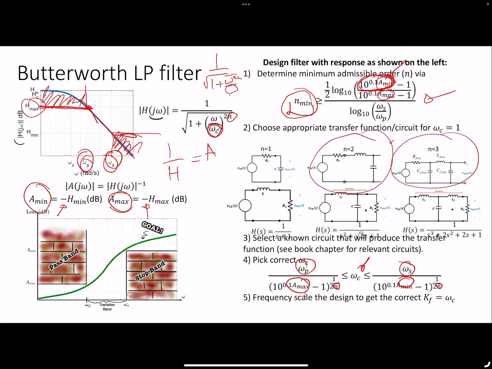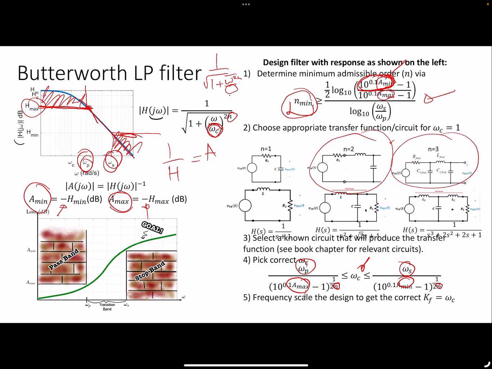Now, I might just ask you for what is the minimum order that you need if these are your specs. I might give you an order and ask you to design a filter.